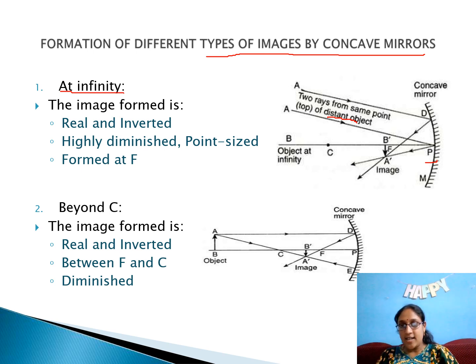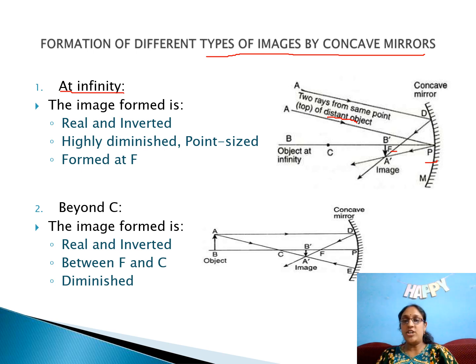So what happens is that the ray which hits your mirror comes and passes through the focus F. Can you see this? At the focus F is where the image, your A prime, forms. A is from the distant object, and A prime will be the image of the distant object. The other ray, which is directed towards the pole, also converges at the same point, which is considered the image A prime B prime.